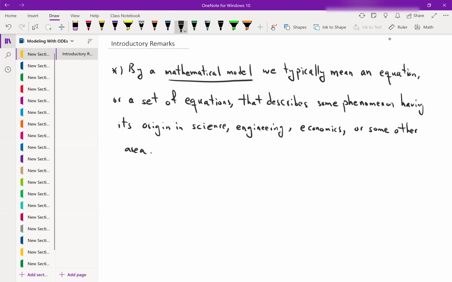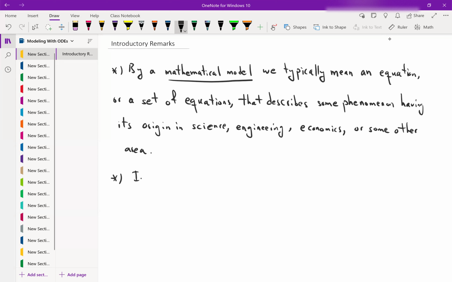Now, in the context of differential equations, when I use this term modeling, I typically mean finding a differential equation that describes the given physical situation. Let me also write that down.